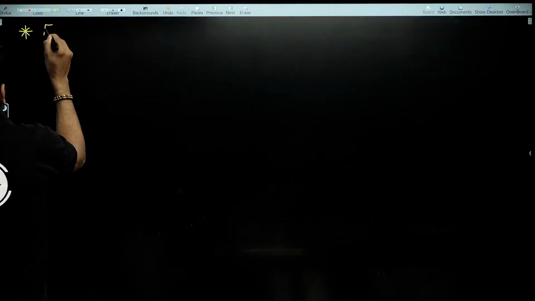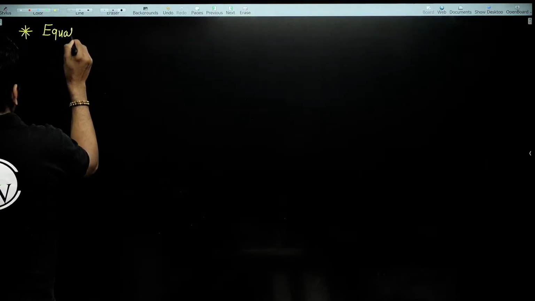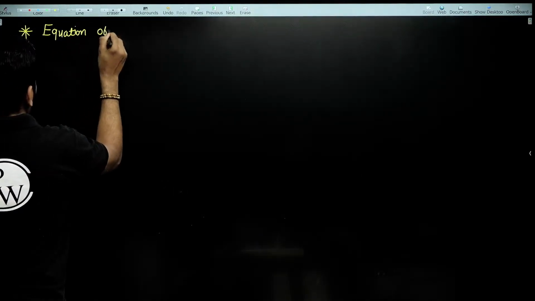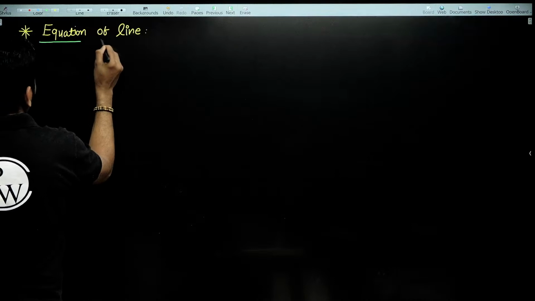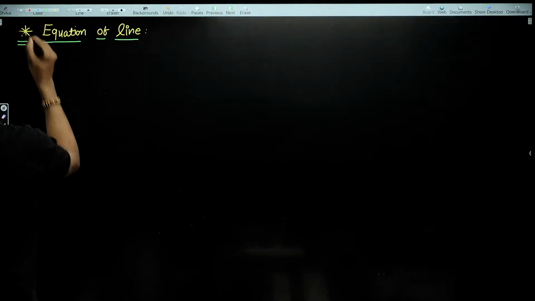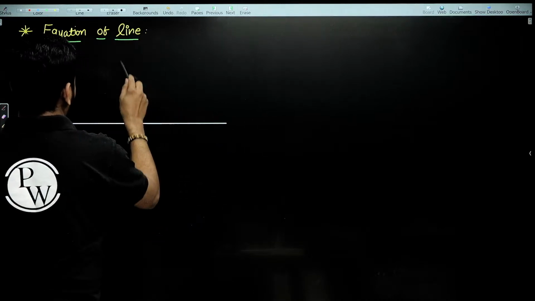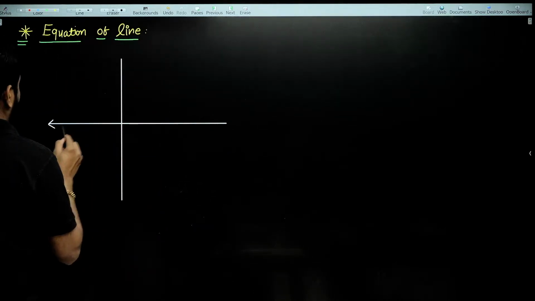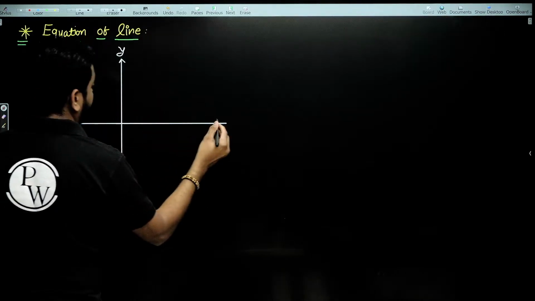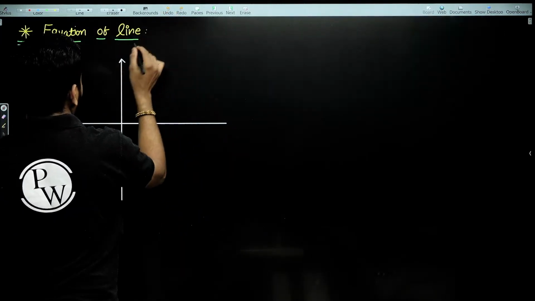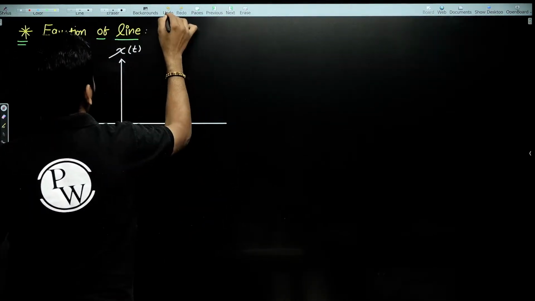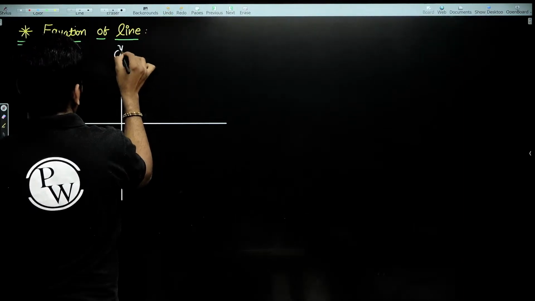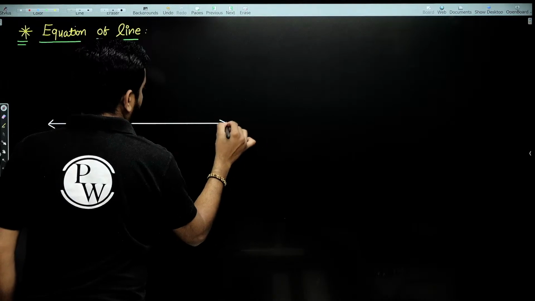So line equation, equation of line. How to write? Equation of line, you know, this y-axis, x-axis. Here I am writing x of t, and here I am writing y of t, and here I am writing t.